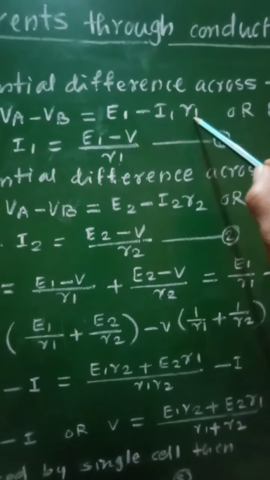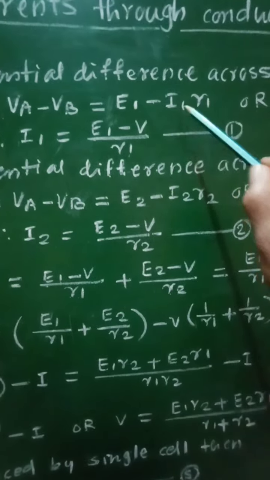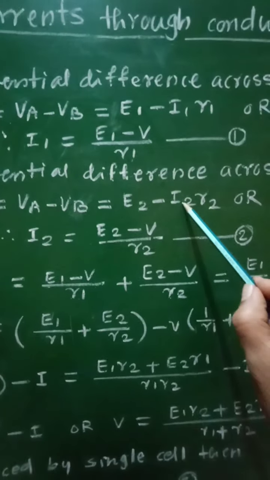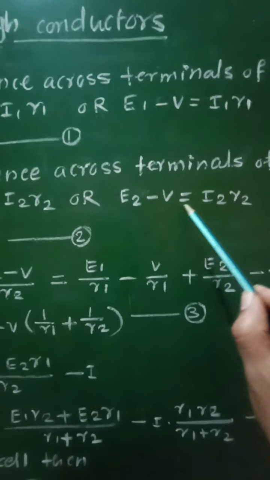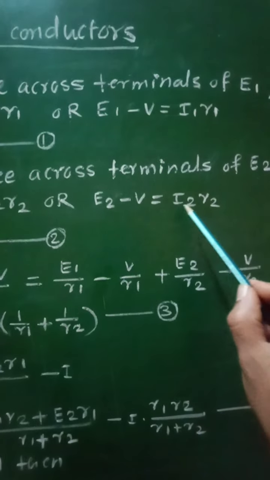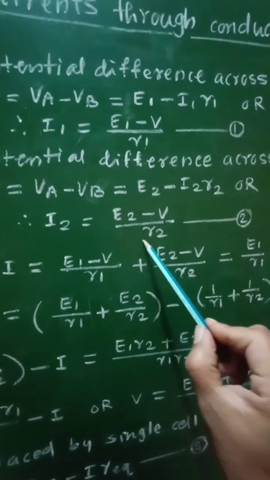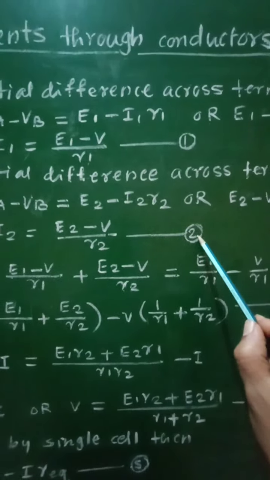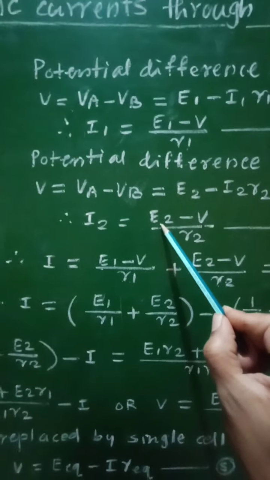So I1 R1 and I2 R2 represent the potential difference across the plates of the cells, and therefore E2 minus phi will be equal to I2 R2. From this equation, I2 can be determined as I2 equal to E2 minus phi upon R2, equation number 2. This equation gives the current flowing through the cell of EMF E2.